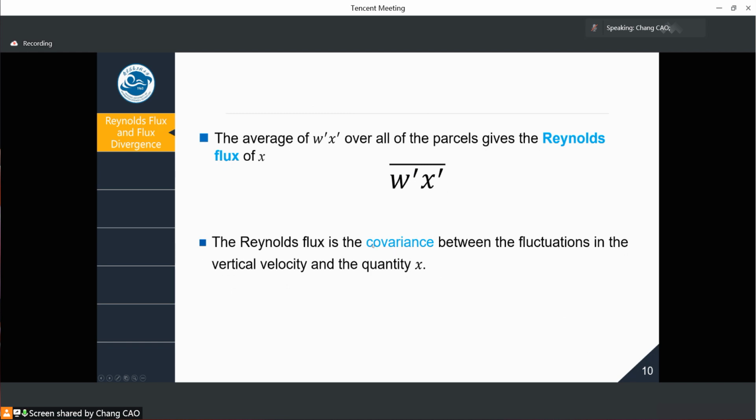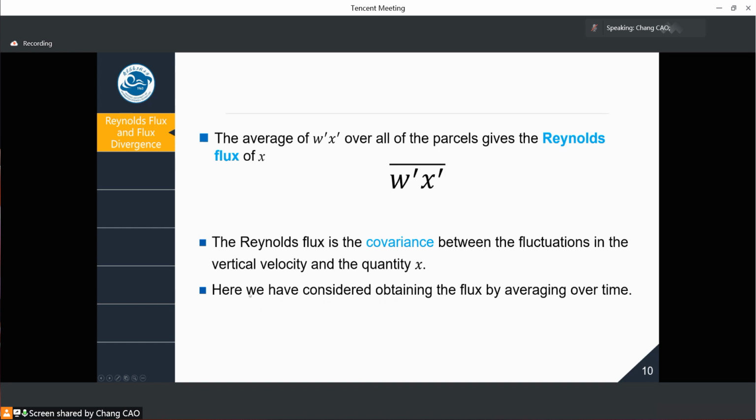Covariance is from the statistics perspective, and from the boundary layer meteorology perspective, we call it Reynolds flux. We can replace X with V, with U, or with any parameter. If they are all in this kind of format, we can call it Reynolds flux.